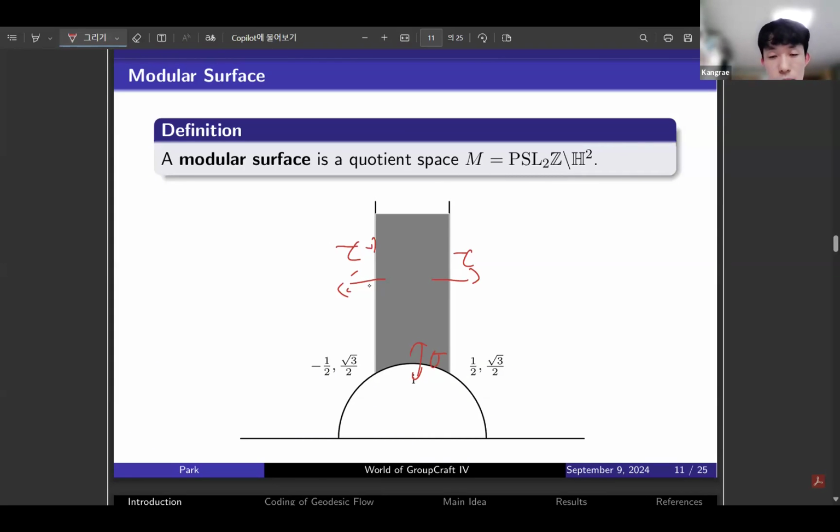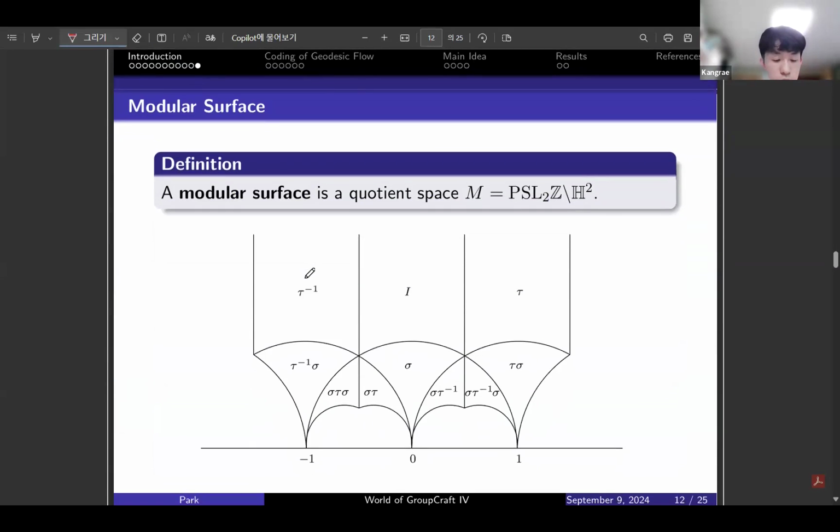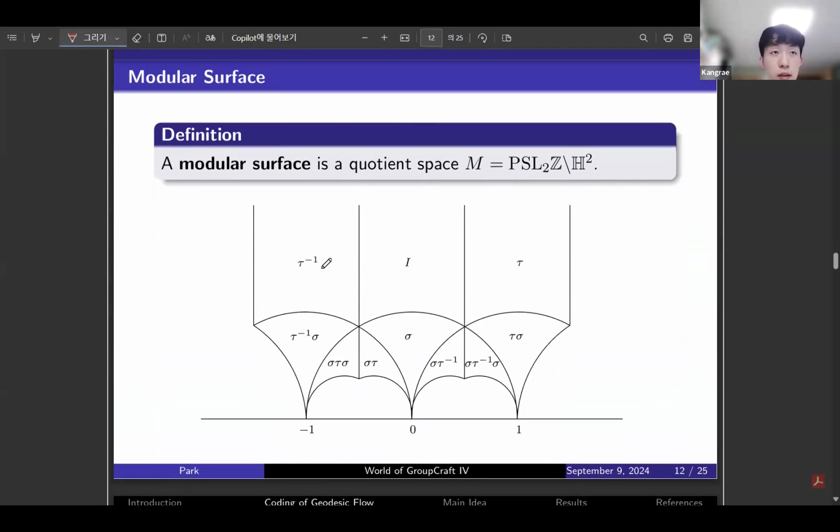And since this is hyperbolic, actually this modular surface looks like this. So this point is here, this point is here, and here is the cusp. So let's move on. From the modular surface, by tau and sigma, yeah, this is tau, this is sigma, you can cover the hyperbolic plane from the fundamental domain.